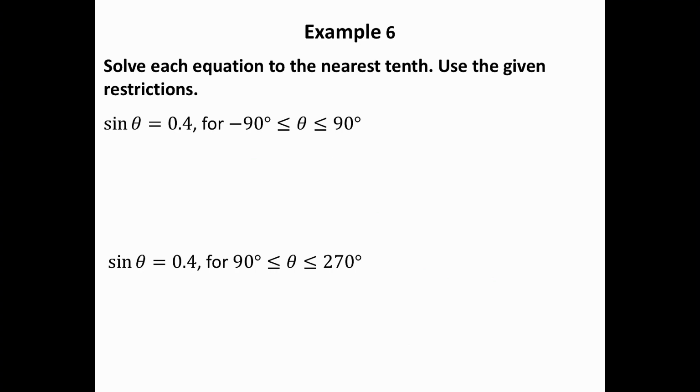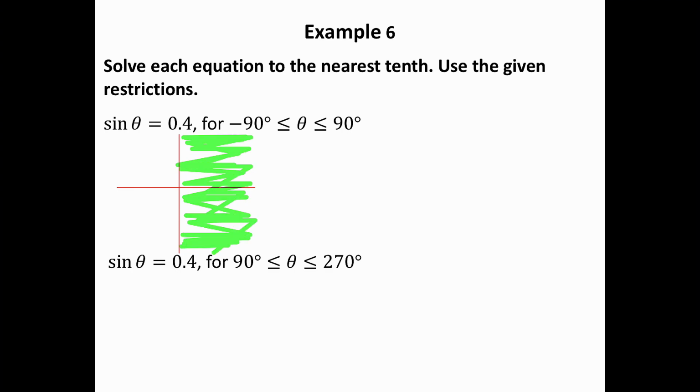Let's draw a quick sketch of what we're talking about here. We're talking about between negative 90 degrees down here, and positive 90 degrees up here. We're looking for an answer there. Since we know the output of sine is positive, thinking about the x and y coordinates on the unit circle, the sine is the y coordinate.